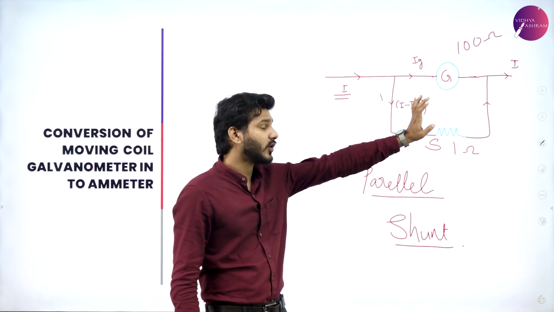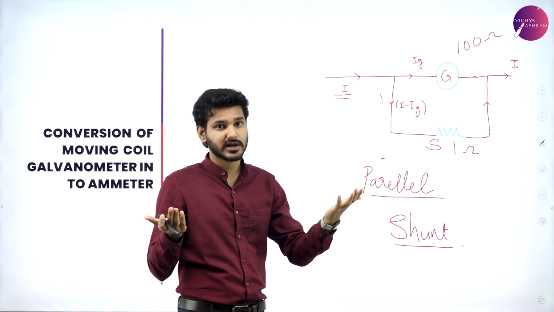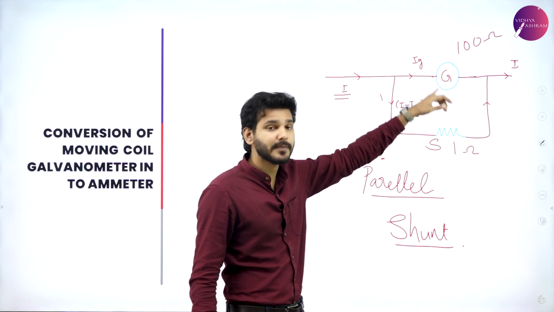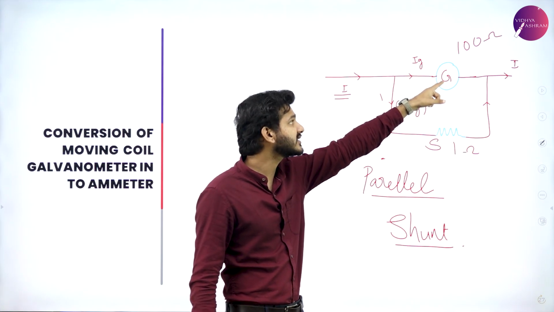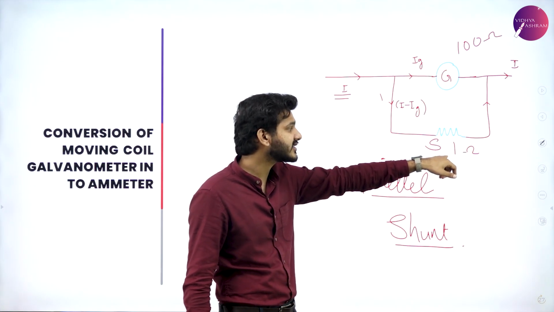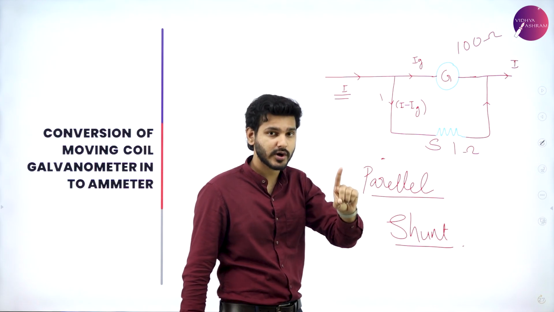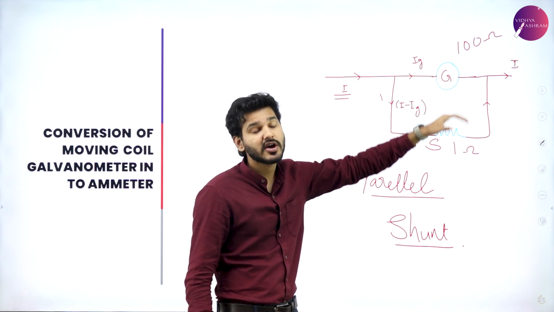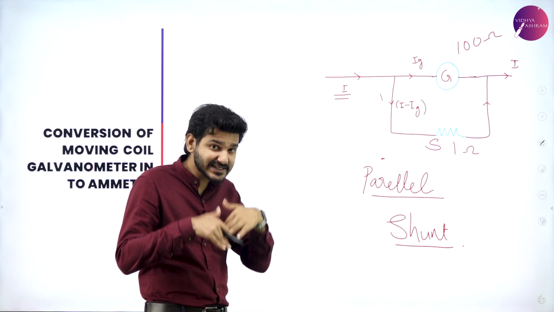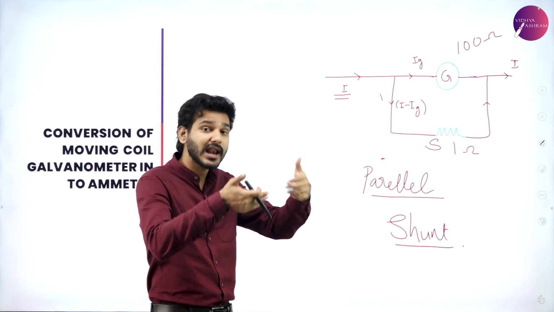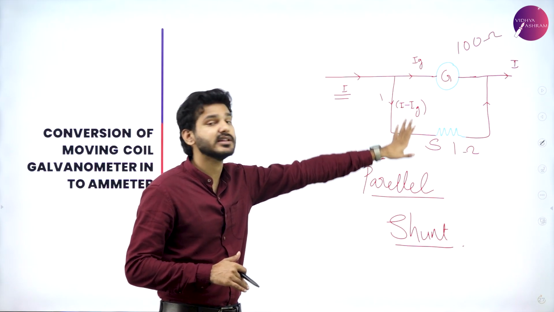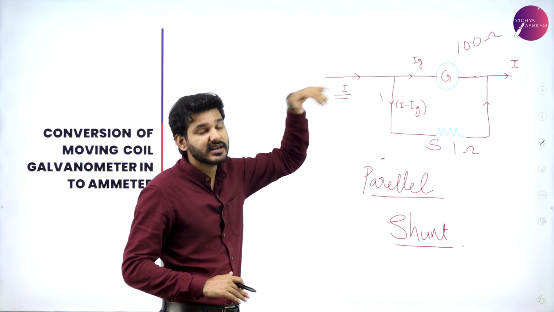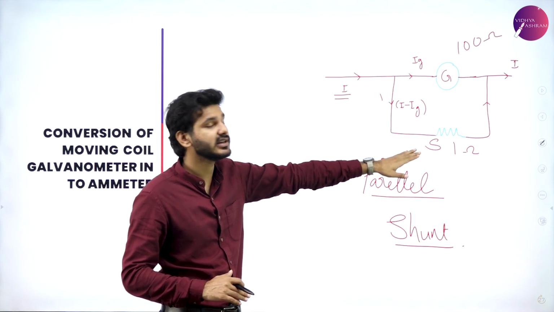That is, one thing you have to remember about series and parallel connection: if two resistances are connected in parallel, here the galvanometer resistance is 100 ohms, here the small or shunt resistance is 1 ohm, then the effective resistance of this particular circuit will always be less than 1. That is, less than the least resistance in the circuit. So when resistances are connected in parallel, the effective resistance will be less than the least resistance.